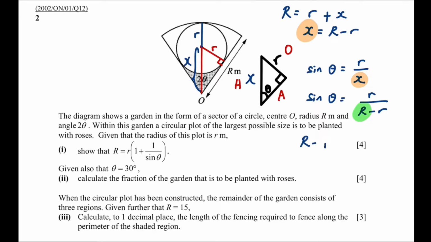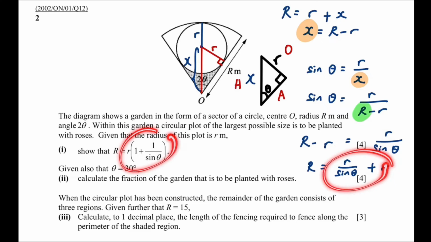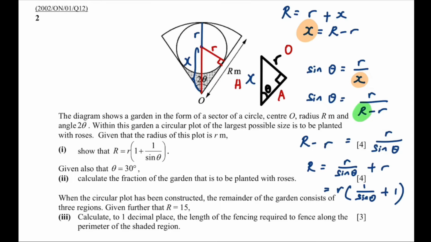Capital R minus small letter r equals r over sine theta. Capital R equals r over sine theta plus r. Not the final step. You take out r, you factorize it. There you go: r times 1 over sine theta plus 1. So you have shown it successfully.